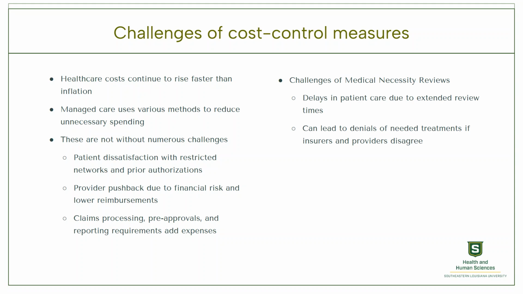But whether it is prospective, concurrent, or retrospective, there is still the risk of treatment being denied, even though it is needed. And then you have insurance and providers disagreeing. And in this case, insurance tends to have all the power, because they have the money.